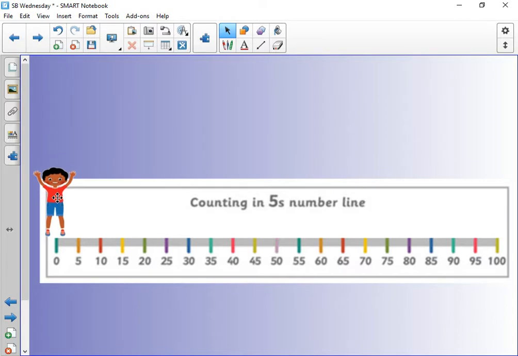Here's Jamal again. Let's practice counting in 5s. We're going to count up to 60. Are you ready?